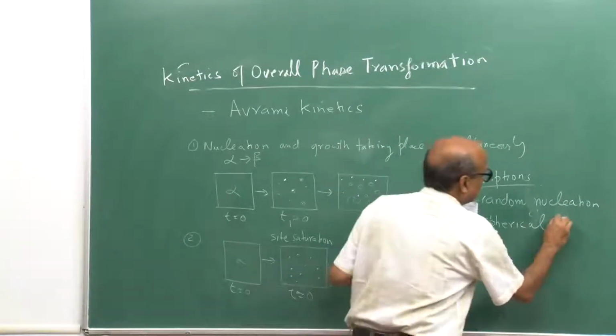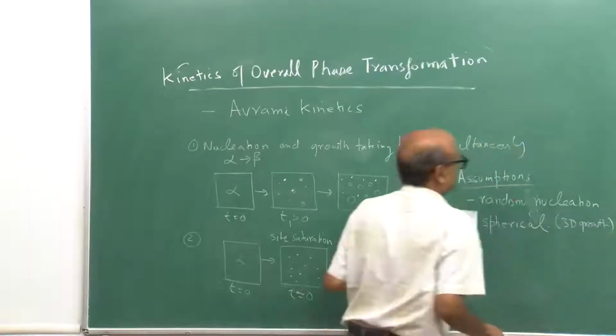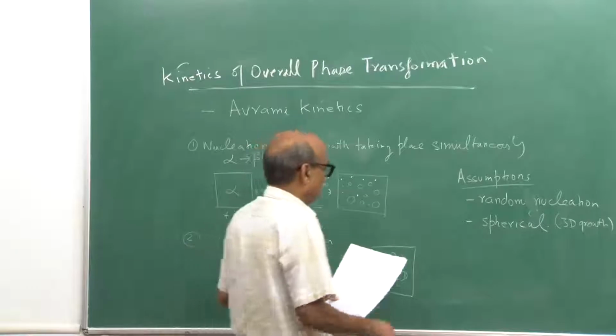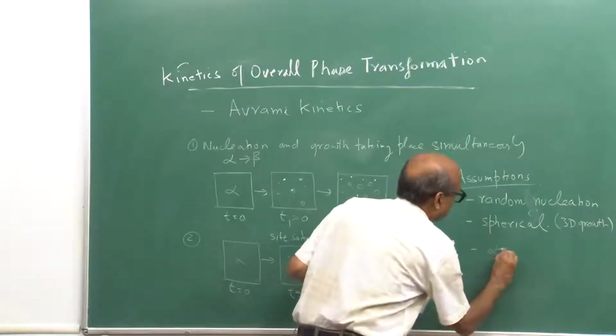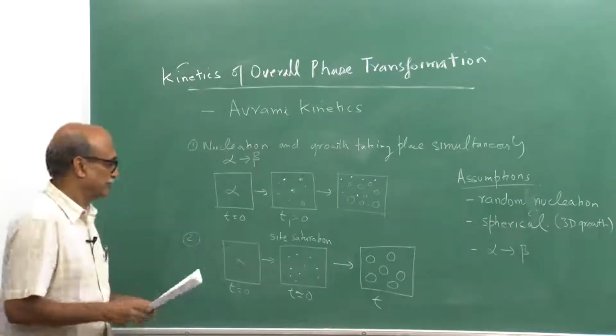So, we are saying there is 3D growth, but 2D growth is possible, 1D growth also possible, and alpha is transforming to beta in the form of precipitates.